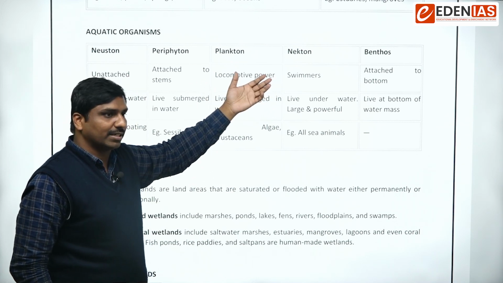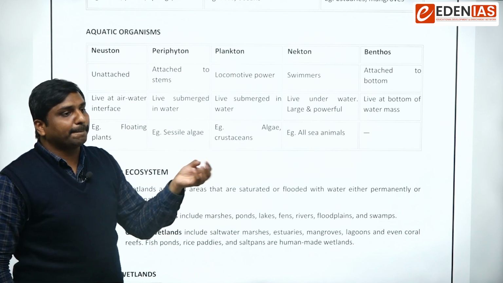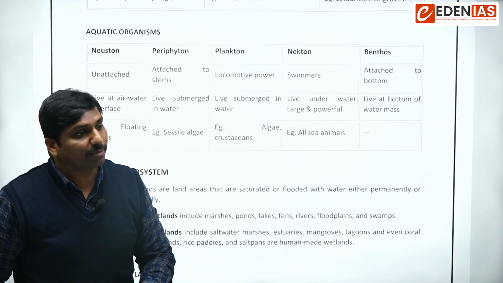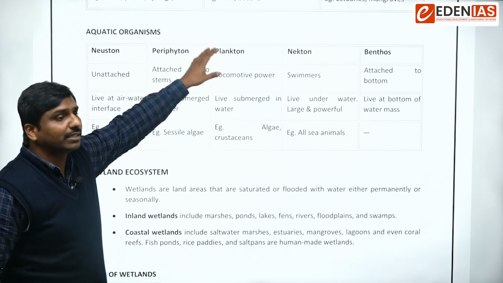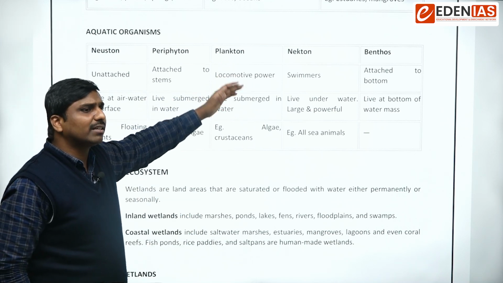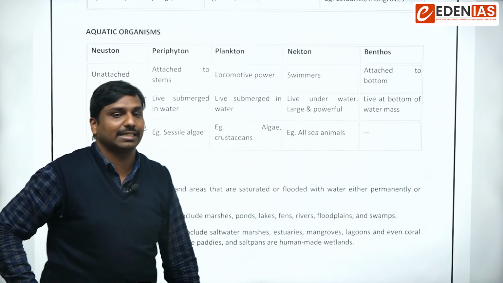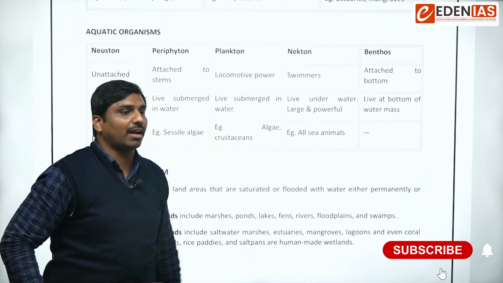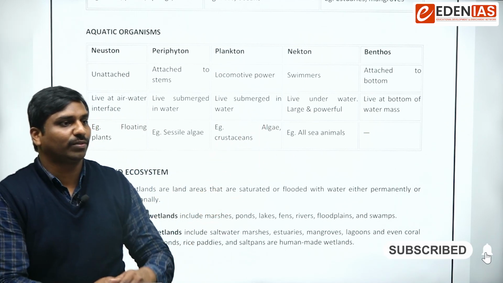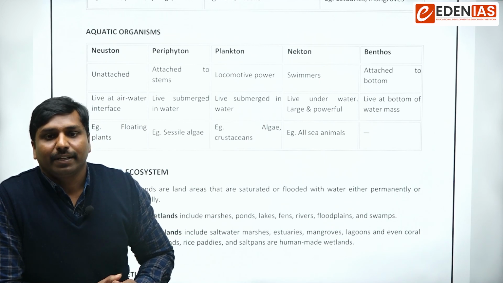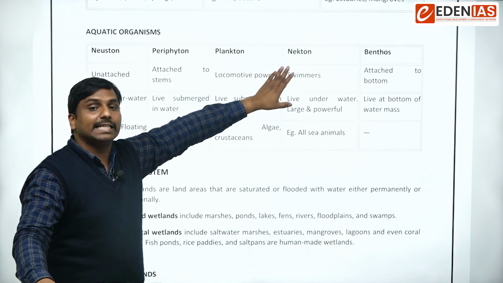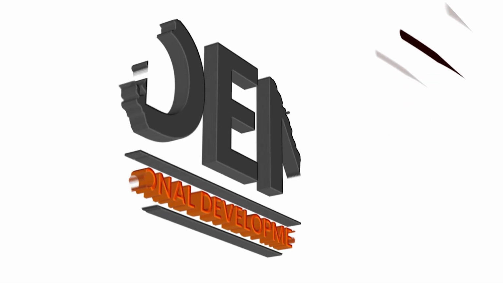All organisms which have that locomotive power are planktons. Common examples are phytoplanktons and zooplanktons. Zooplanktons can be crustaceans, and phytoplanktons can be algae. They can move. So go through the types of organisms and where they live.